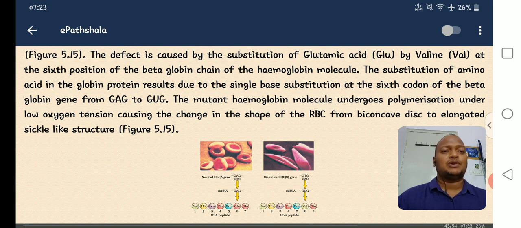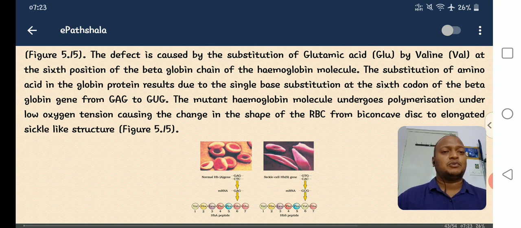The next point: the mutant hemoglobin molecule undergoes polymerization under low oxygen tension, causing the shape of RBC to change from a biconcave disc to an elongated sickle cell like structure.